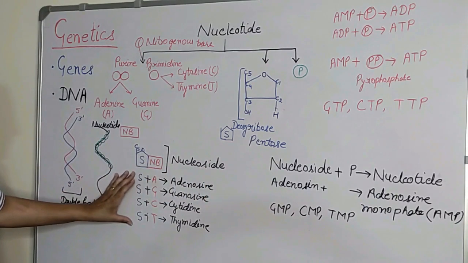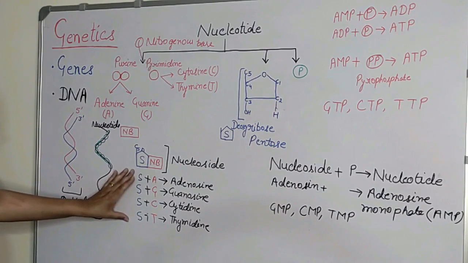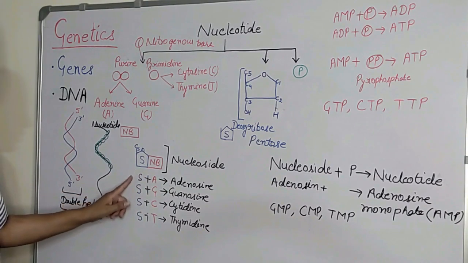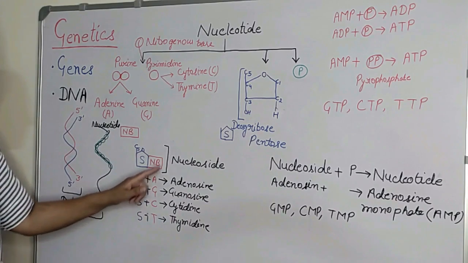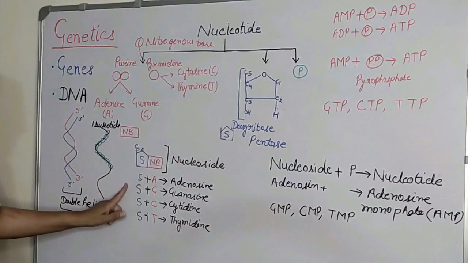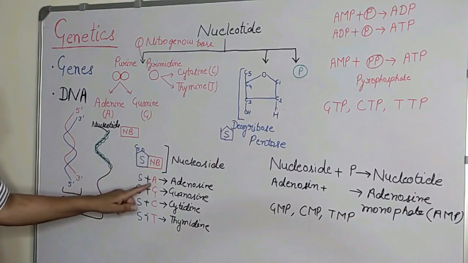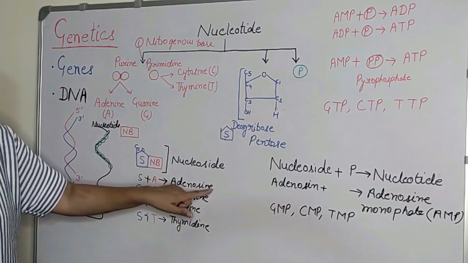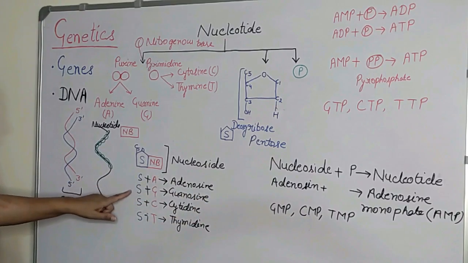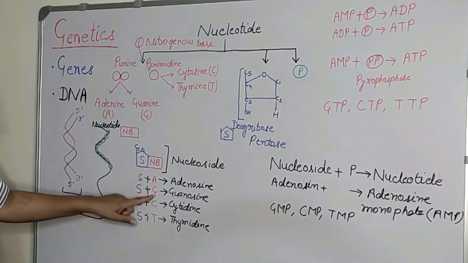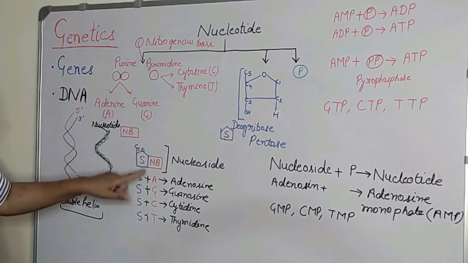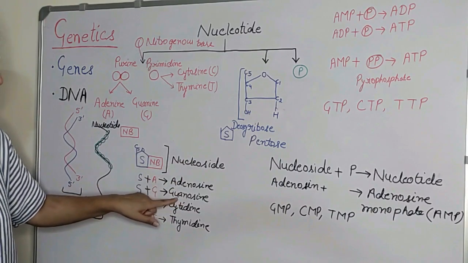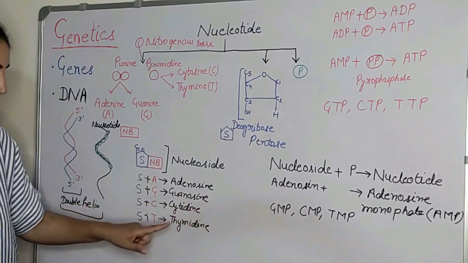So let's see what are the different types of nucleosides present inside the DNA molecule. The sugar will be the same every time, that is deoxyribose sugar. Now this sugar can combine with adenine, and the nucleoside formed is known as adenosine. When this deoxyribose sugar combines with the guanine nitrogenous base, the respective nucleoside is known as guanosine.